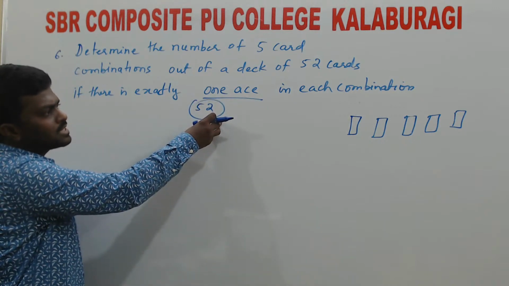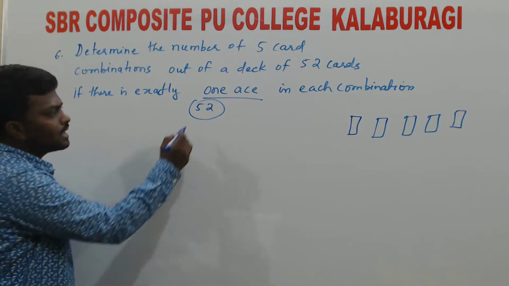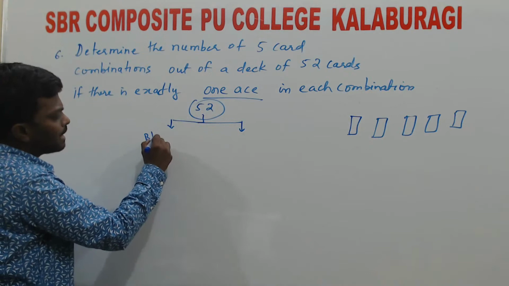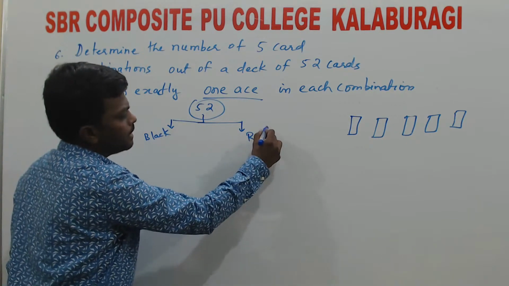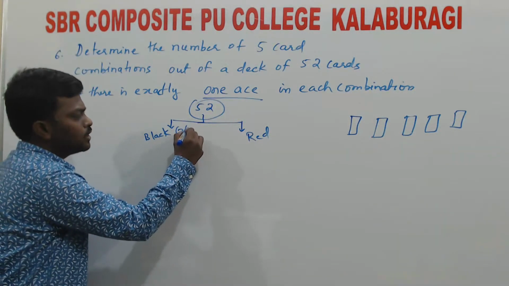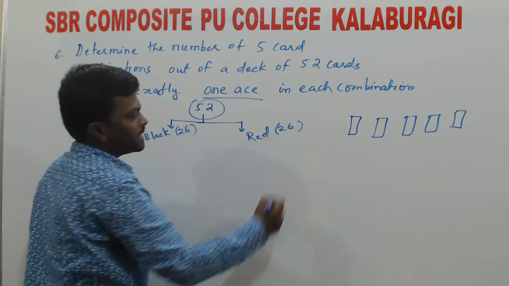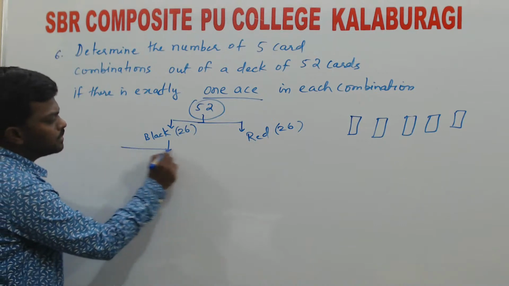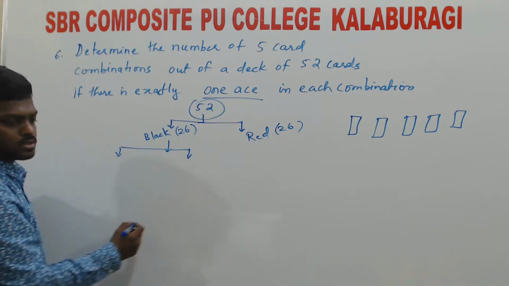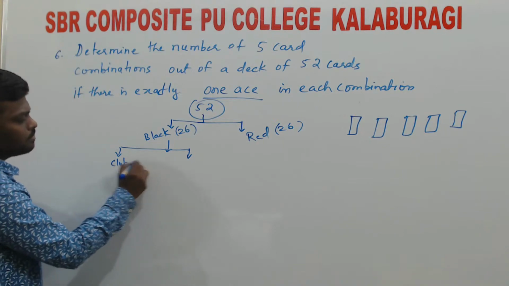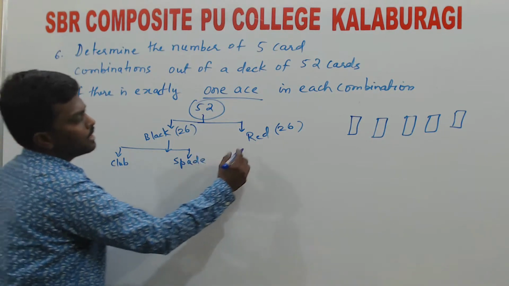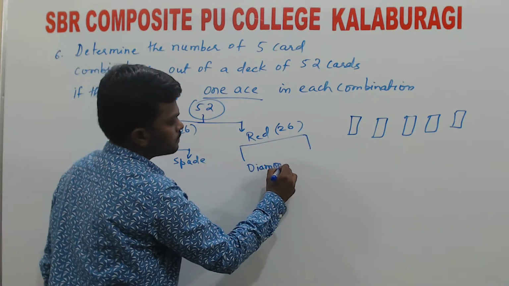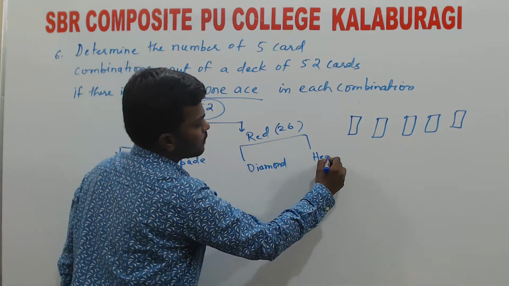So how many cards are present in a deck? 52 playing cards, right? These are further subdivided on the basis of color, black and red. Black contain 26 cards and red contain 26 cards. Black is further subdivided into two suits, club and spade, and red into diamond and heart.